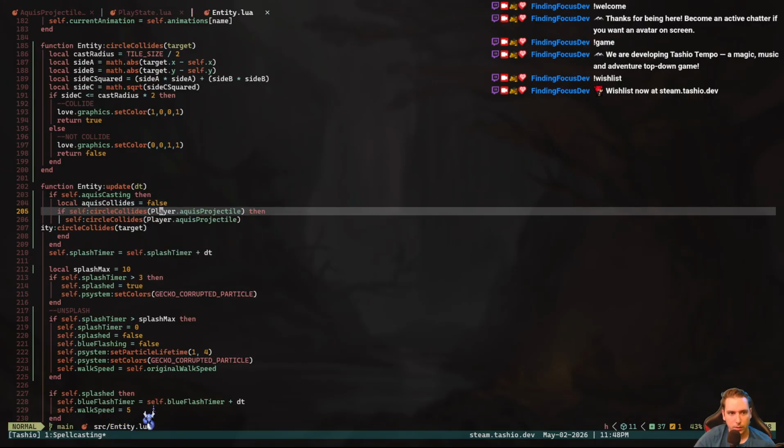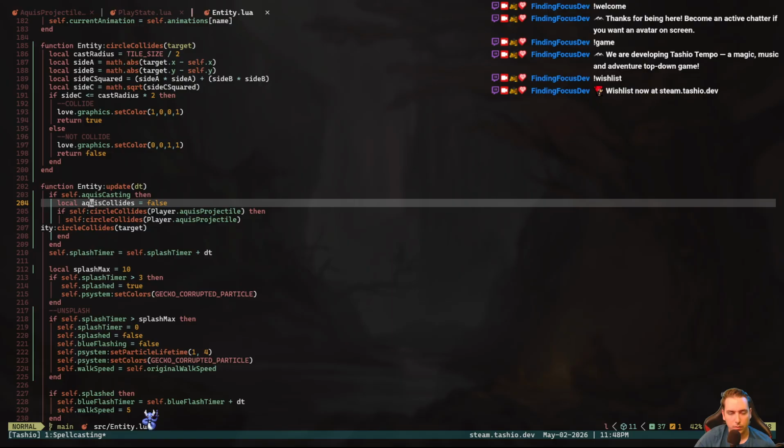Local aqueous collides. We kind of want... Do I want to put the result of the method into this, kind of?